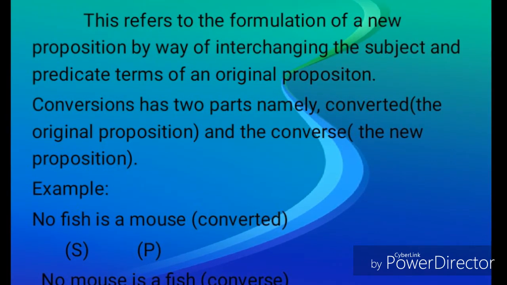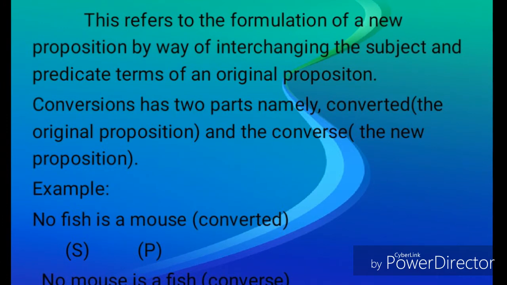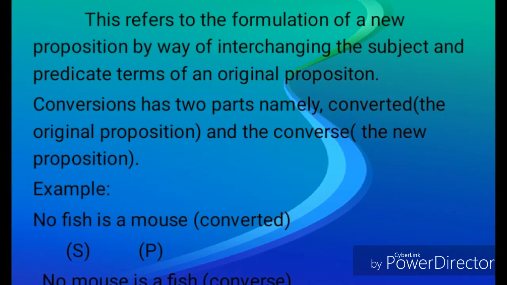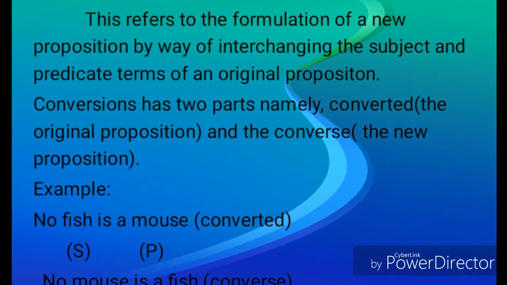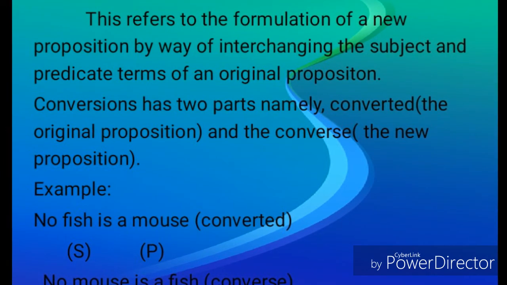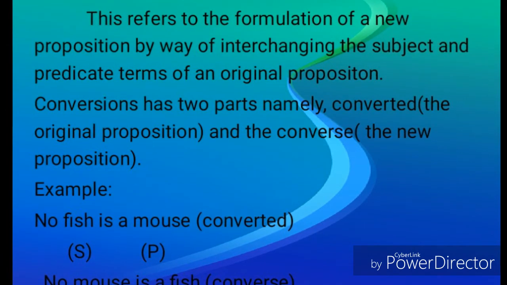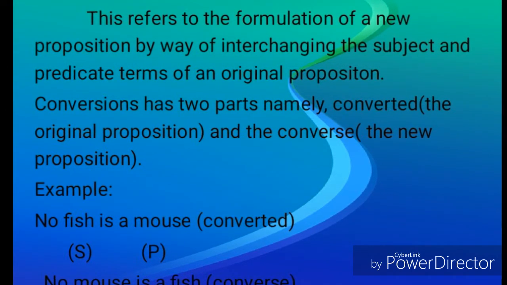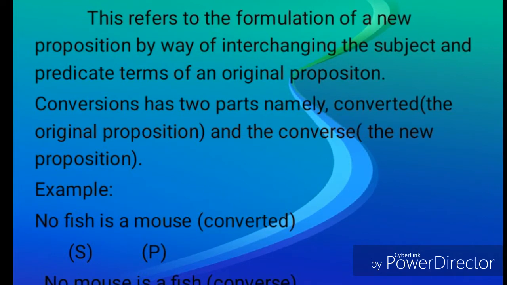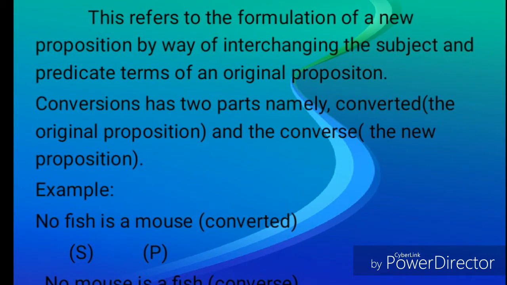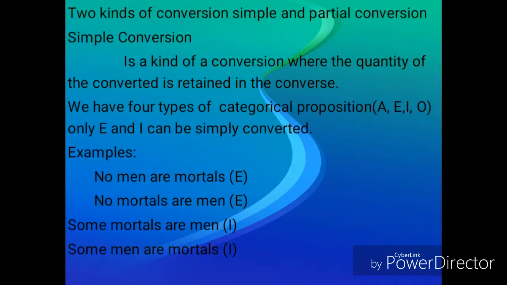In the PowerPoint, in the first example, the fish is the subject and the mouse is the predicate. In the next example, the mouse becomes the subject while the fish is the predicate.